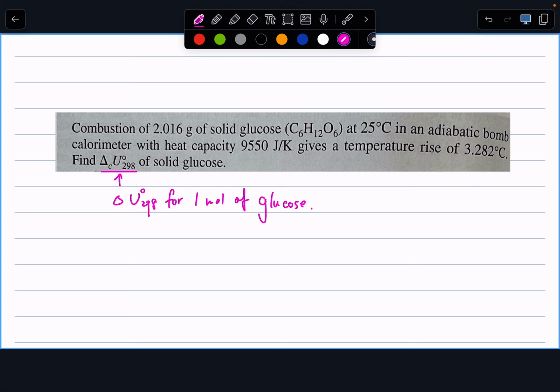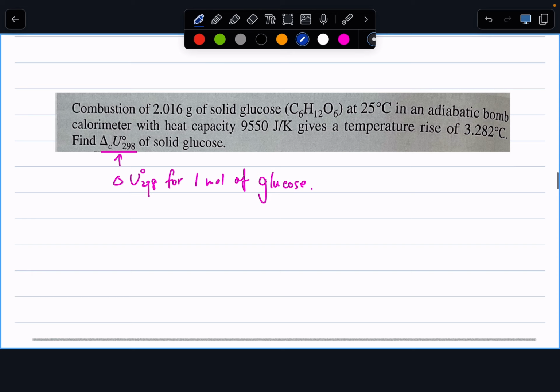So how do we set up this calculation? This one is quite straightforward, right? So what we have is delta U 298 equals negative (C_k plus P) times delta T. And do we know what they are? Right, we know. Our heat capacity of my calorimeter is given to be 9550.